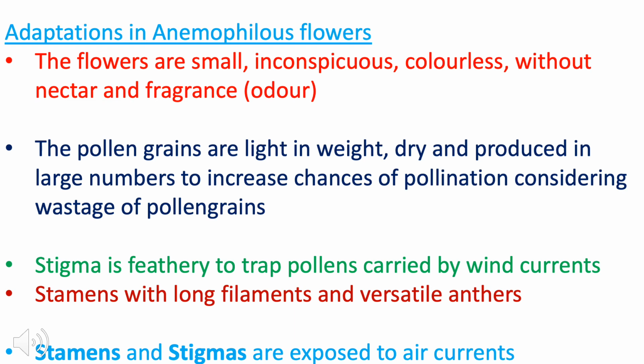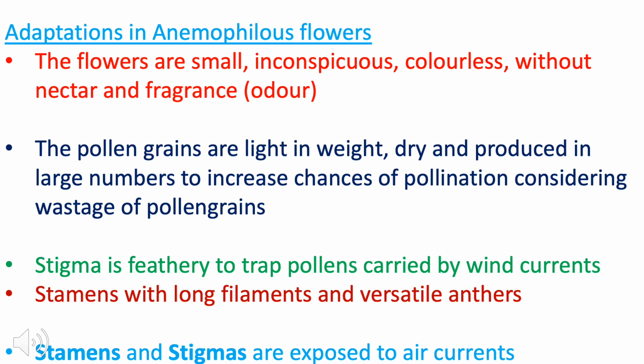The pollen grains are light in weight, dry, and produced in large numbers to increase chances of pollination, considering wastage of pollen grains. The stigma is feathery to trap pollen carried by wind currents. Stamens have long filaments and versatile anthers. Stamens and stigmas are exposed to air currents.